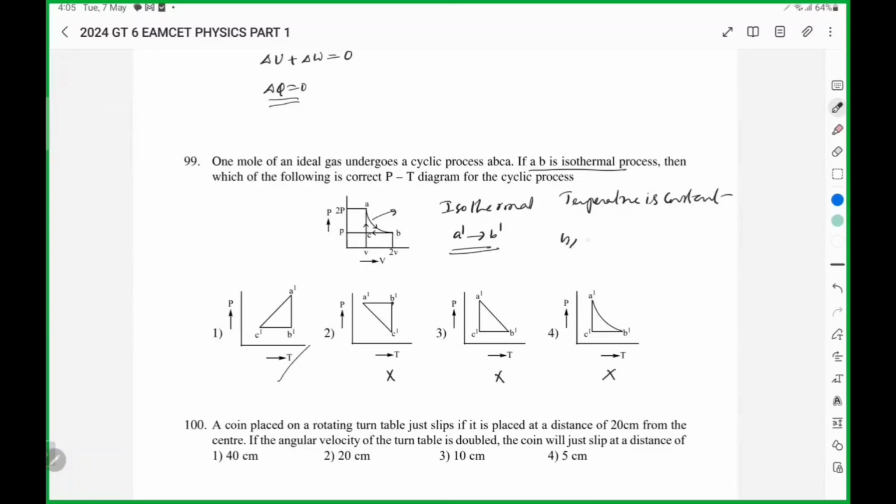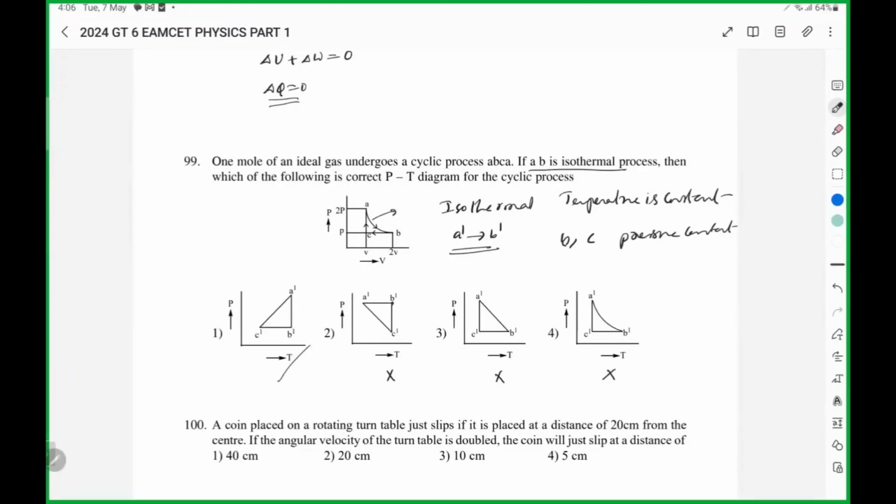For BC, pressure is constant. For B to C, pressure constant means here also pressure is obviously constant.